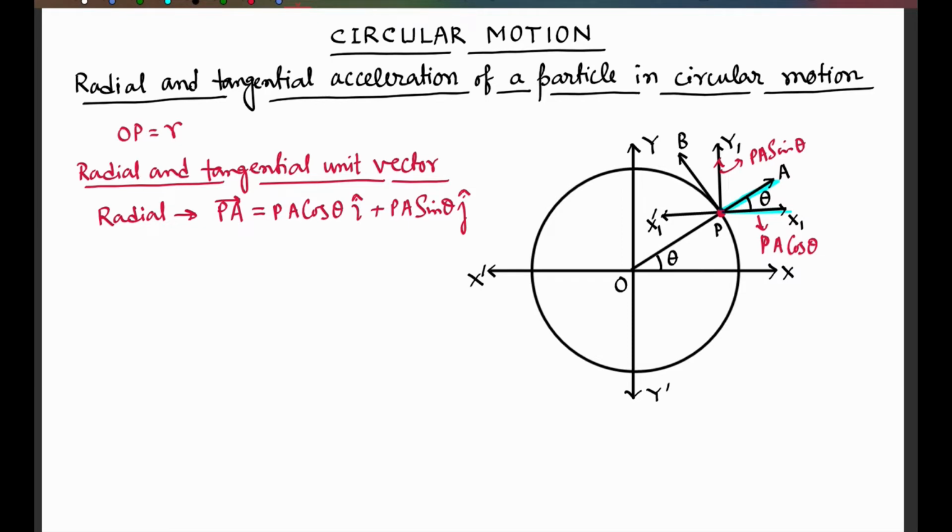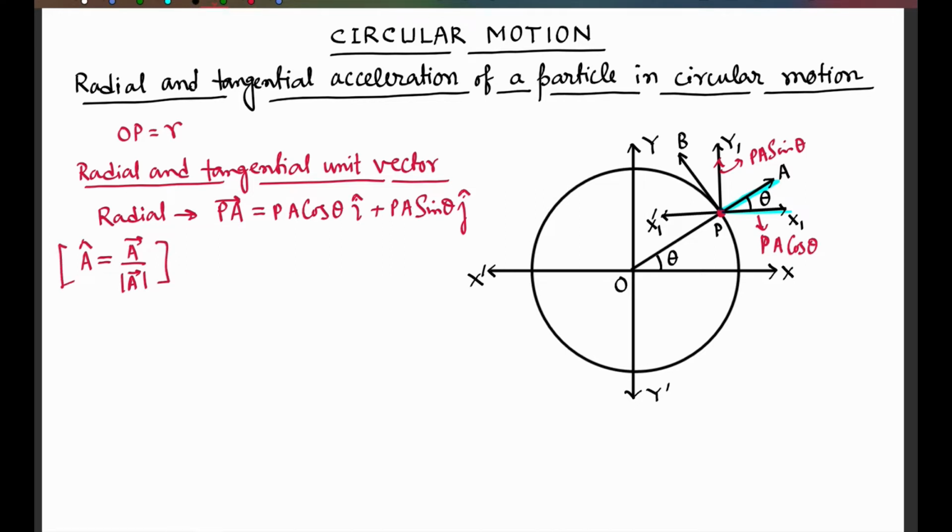We know that if A is a vector, then the unit vector is represented by A cap, which is A vector by mod of A vector.